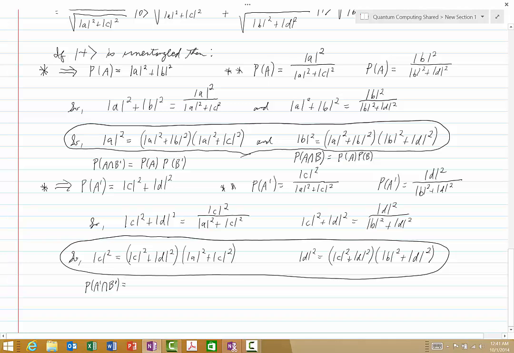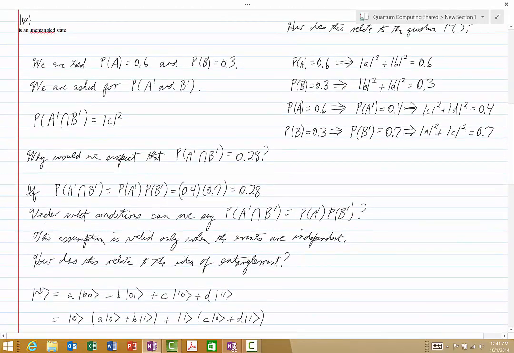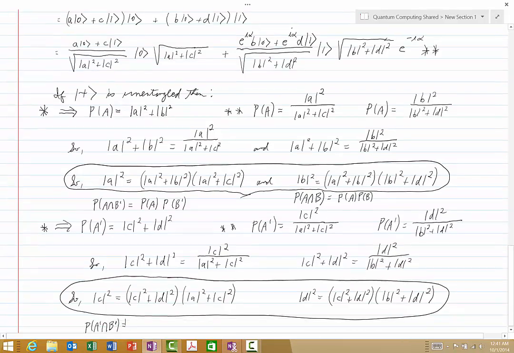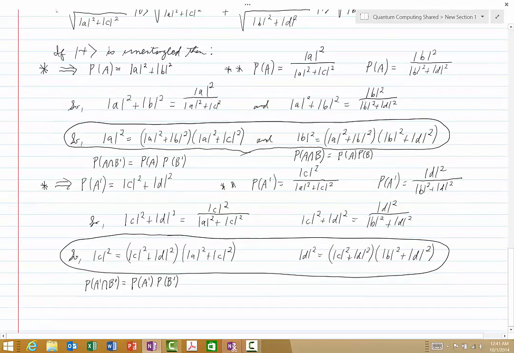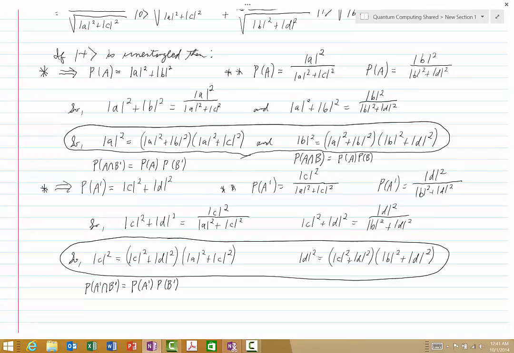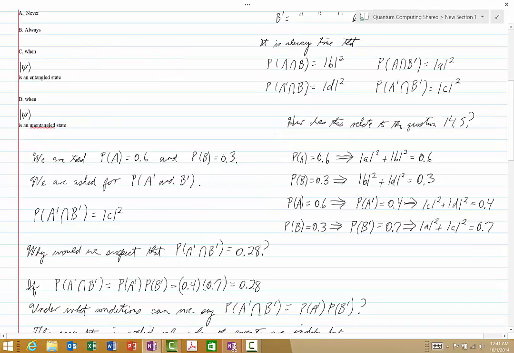And that's equal to magnitude of C squared plus magnitude of D squared, which is P of A prime. So we have P of A prime, and then magnitude of A squared plus magnitude of C squared, which we've already seen up here, is P of B prime. And then finally, for the magnitude of D squared, if we look above, magnitude of D squared is P of A prime and B.